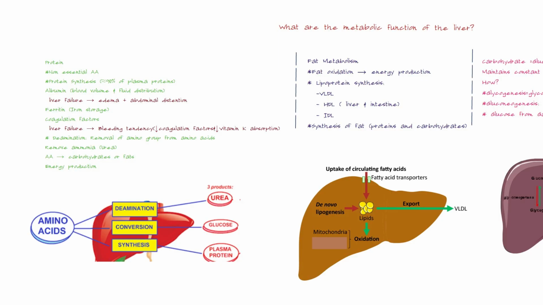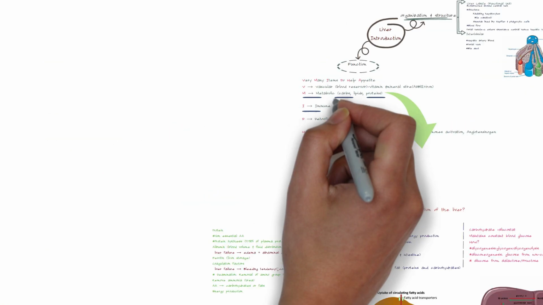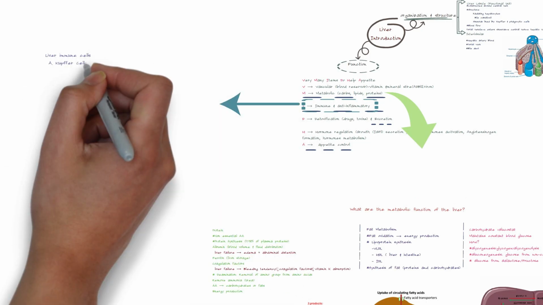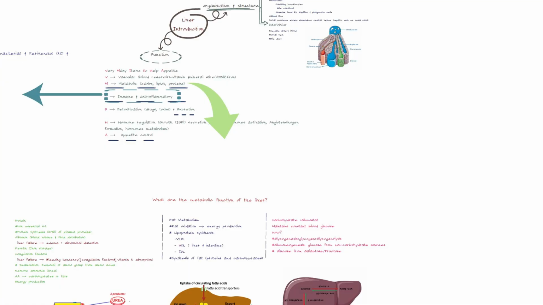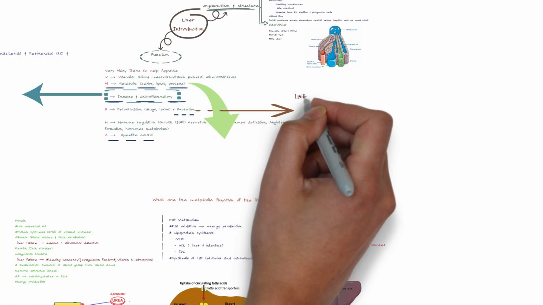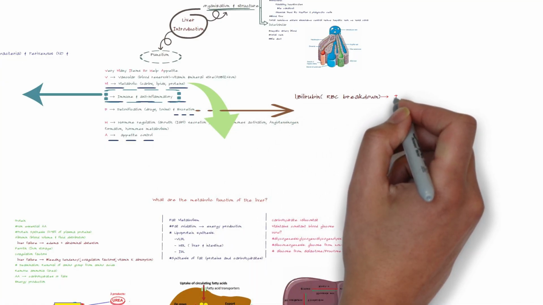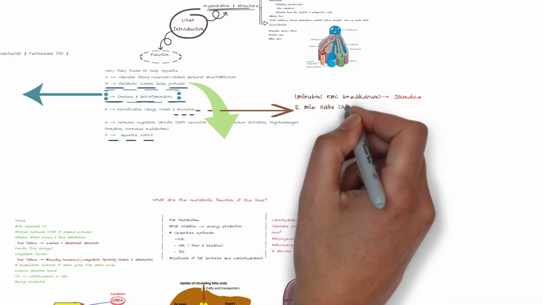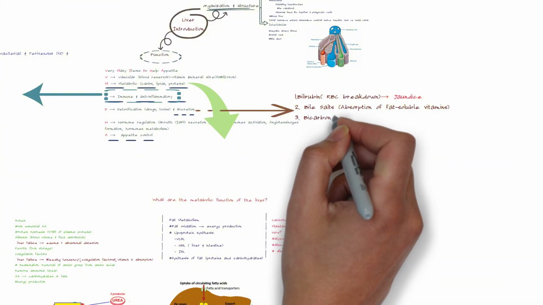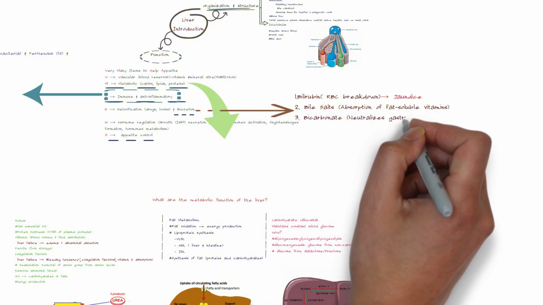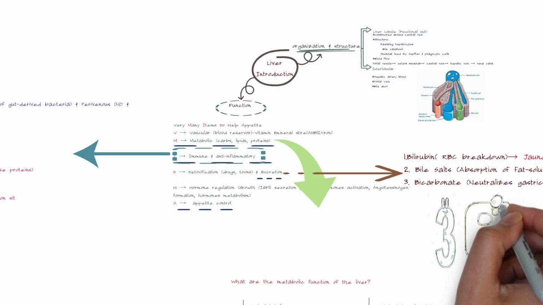In immunity and anti-inflammation, two important immune cells: Kupffer and natural killer. It enhances inflammation by acute phase proteins, and stops inflammation by suppressing neutrophils and by inhibition of tumor necrosis factors. Also, detoxification and excretion. For excretion, remember three Bs: bilirubin, bile salt, and bicarb.